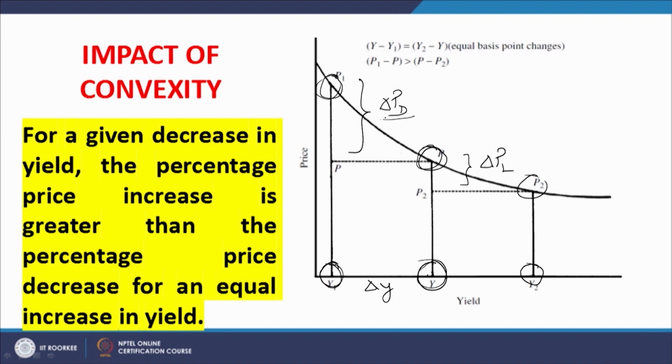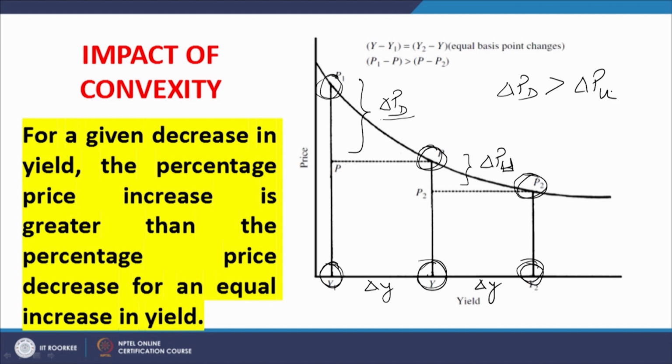And now we reverse the direction of movement of the YTM. We assume that there is an increase of delta y, same magnitude, but an increase in this case, as a result of which we now arrive at this point for the YTM, and the corresponding price is given by this point. Let us call it delta P u. Then, because of the convexity of the curve, because it is not a linear curve, because it is convex towards the origin, we find that delta P d is greater than delta P u.